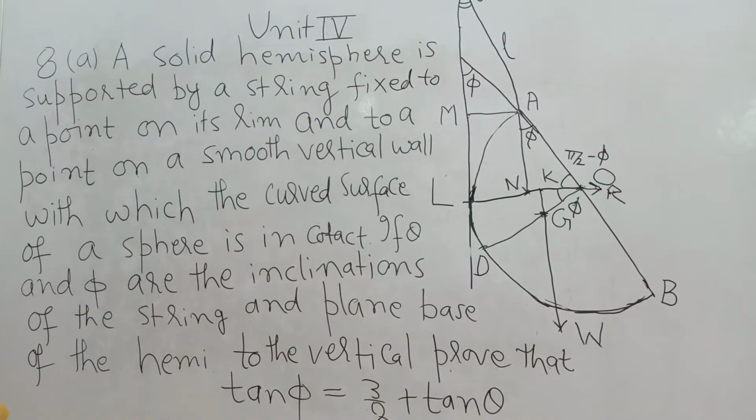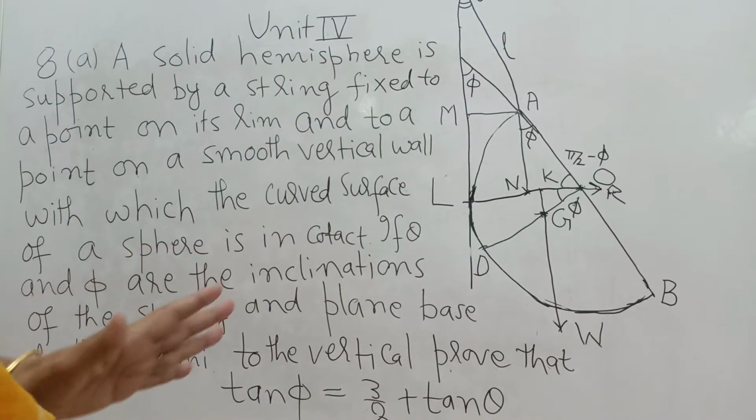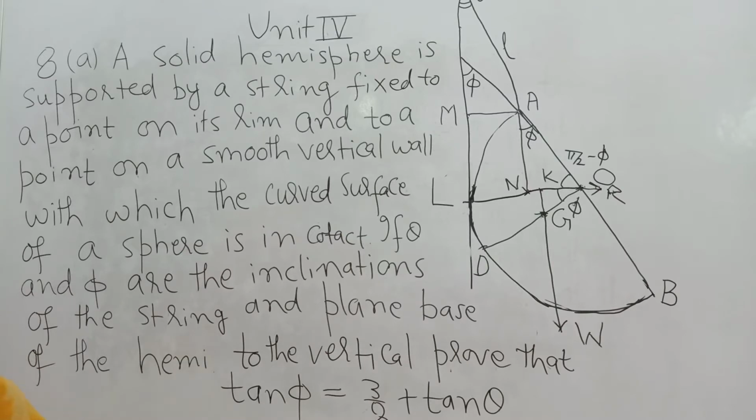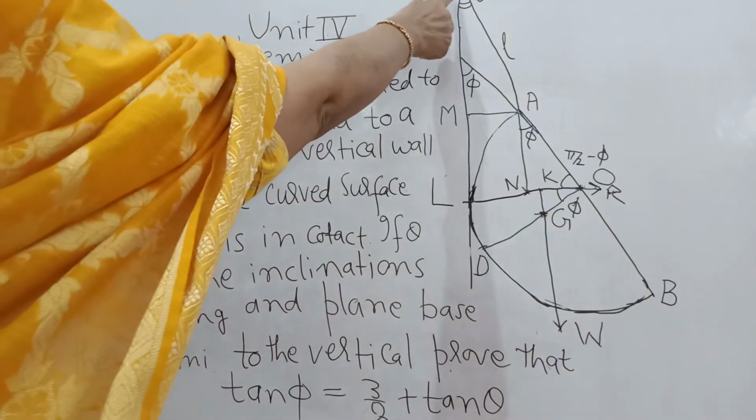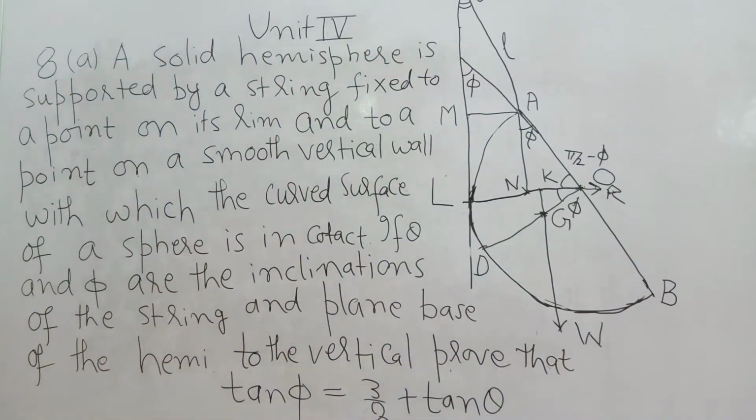You know that any solid hemisphere cannot rest like this unless it is supported by something. So it is supported by a string AC to a point on a smooth vertical wall. This is the smooth vertical wall. To this point C, the string is tied to support this solid hemispherical shell.